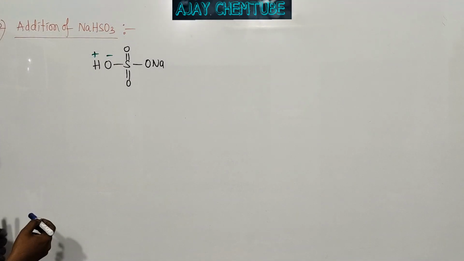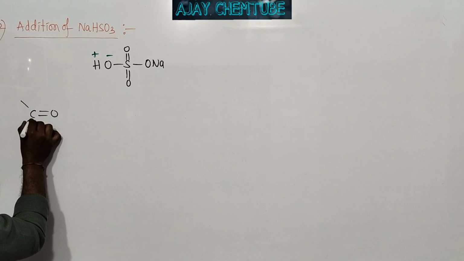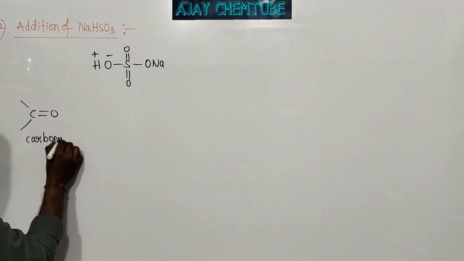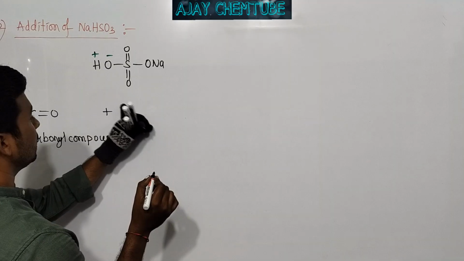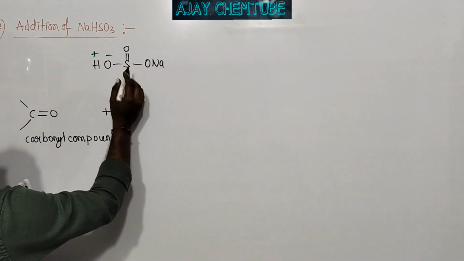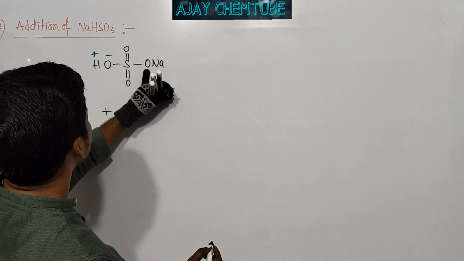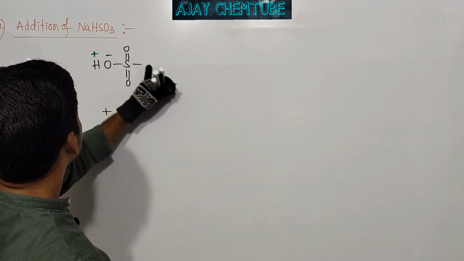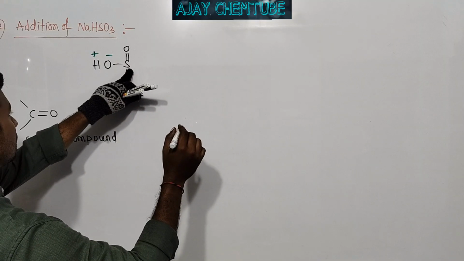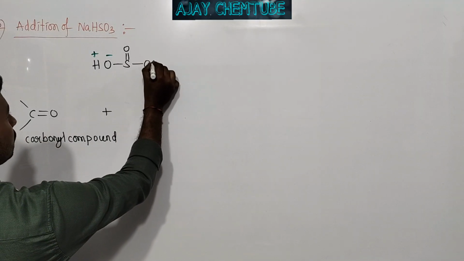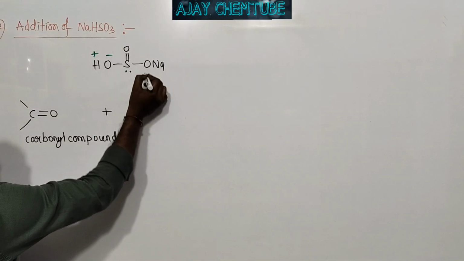When a carbonyl compound is treated with this reagent, I will write the structure normally, but the formula is NaHSO3, sodium hydrogen sulfite, not sulfate. This is the nucleophile.